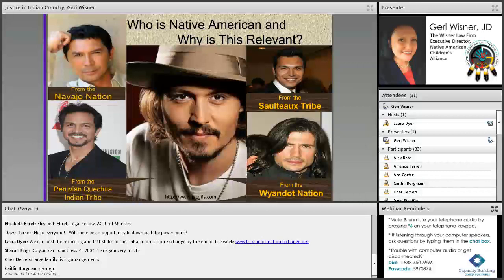Okay, moving on. In the center, we have Captain Jack Sparrow, Johnny Depp. When his recent movie, the Lone Ranger remake with Tonto, came out, he was involved in an adoption ceremony with the Comanche Nation.